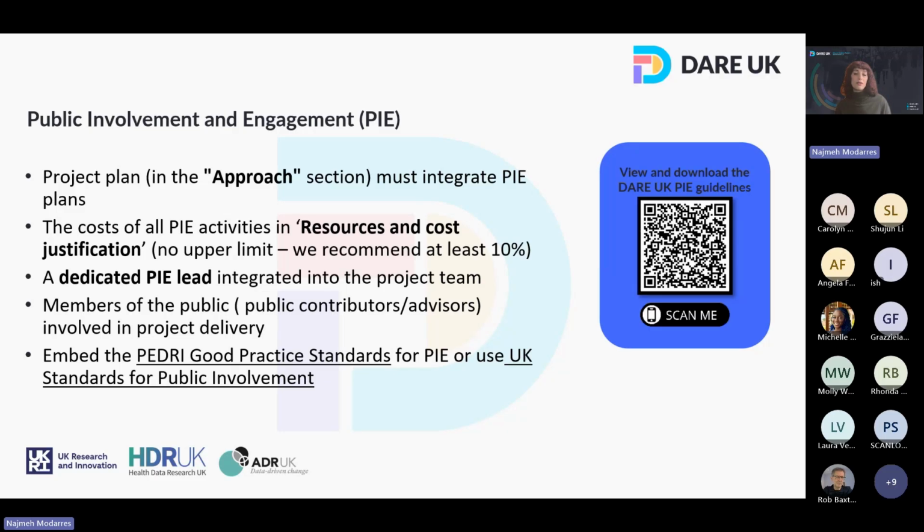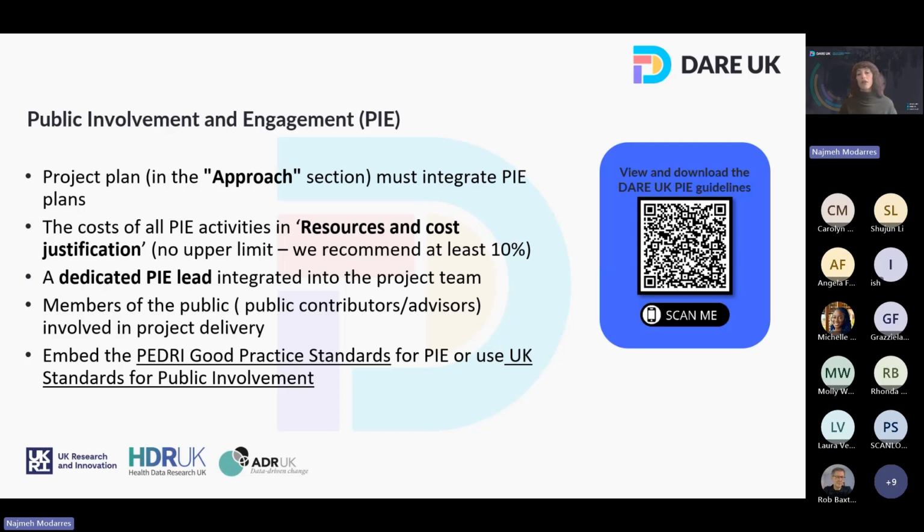It's embedded through all our projects at DARE UK, and the panelists are not just going to be panelists in the TRE space, in the sensitive data space. We will also have panelists who are public members and will be looking for your PIE approach.